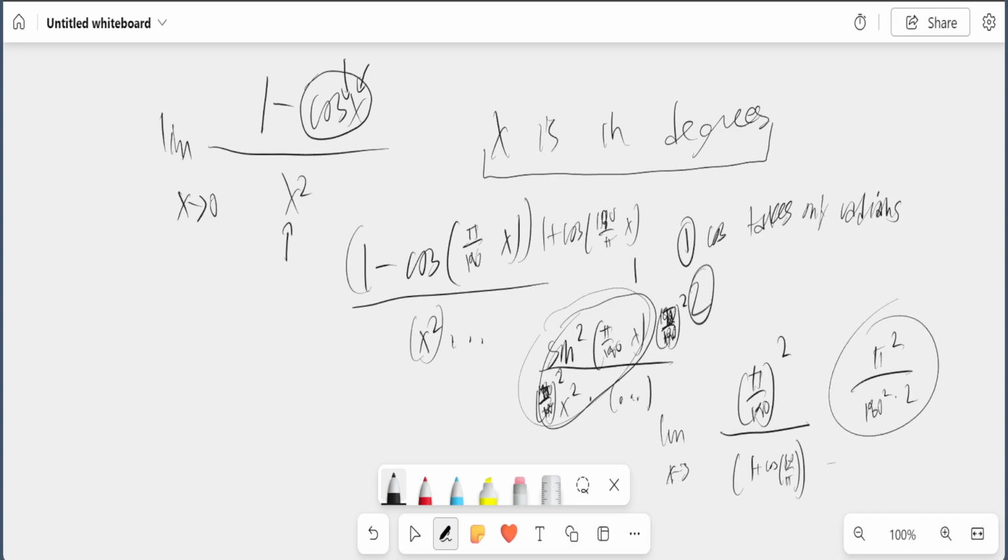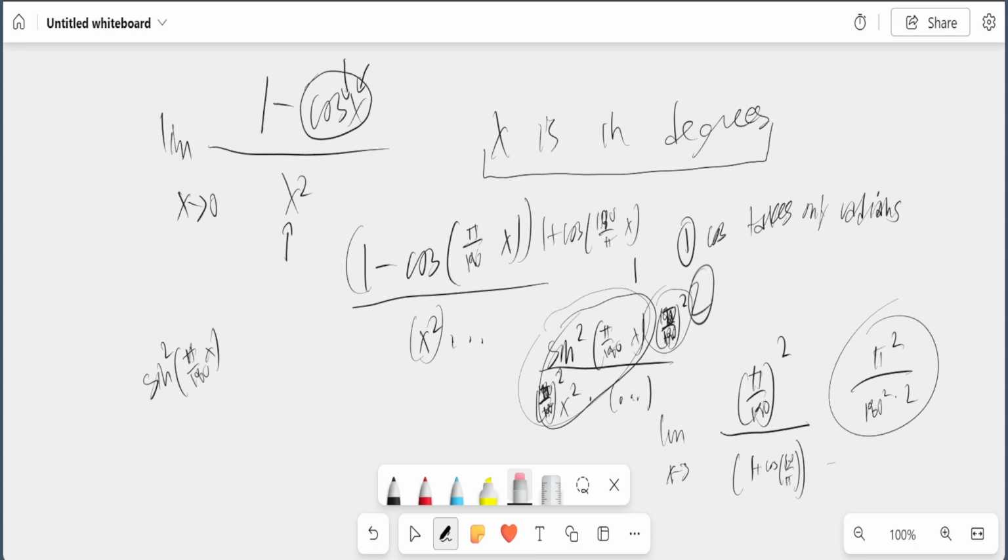Do you have an x squared on the bottom as well? That went away, remember? We did sine squared. Wait, how do you have the pi over 180 if you don't convert the radians in the denominator? I put it there, and then I compensated by putting it on the top as well, like times 2 on the top and times 2 on the bottom.